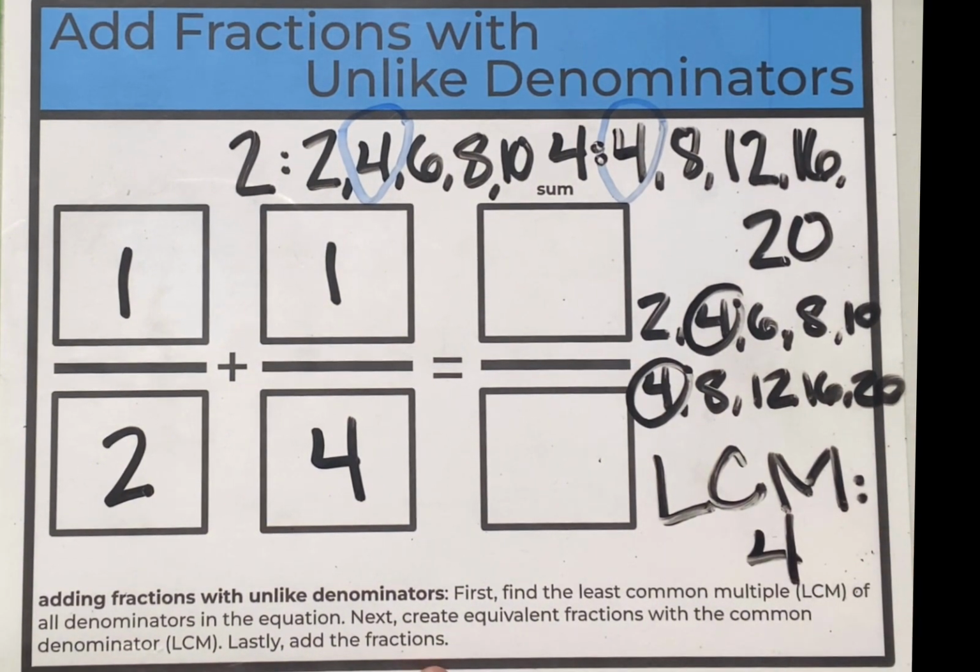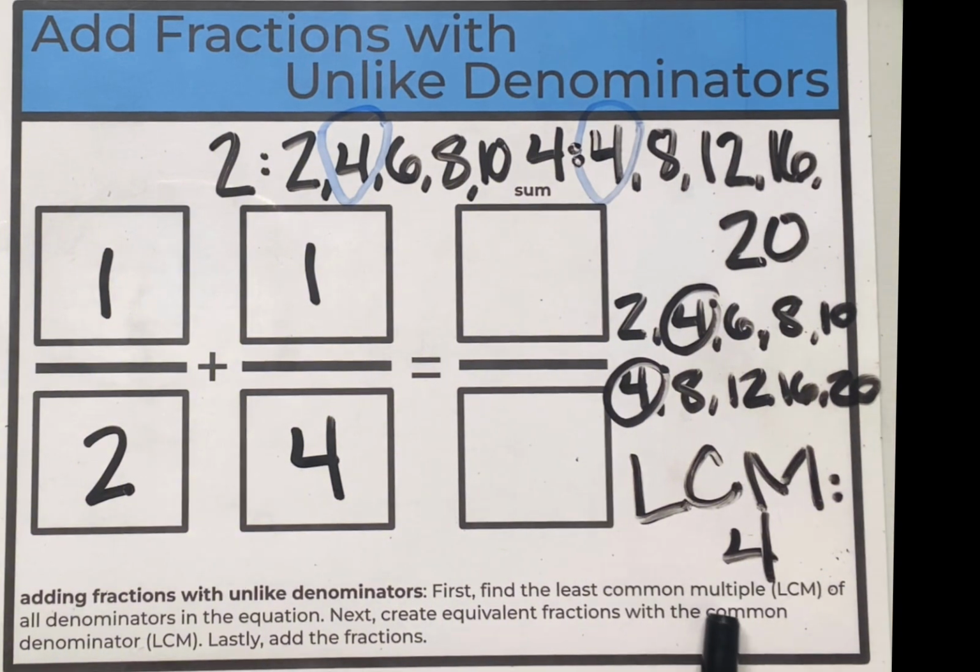Now that we have that, that was step 1. Next, create equivalent fractions. We create an equivalent fraction when we have a denominator of 4. That is how many parts we're going to have in our whole. We're going to have 4 parts or 4 pieces.